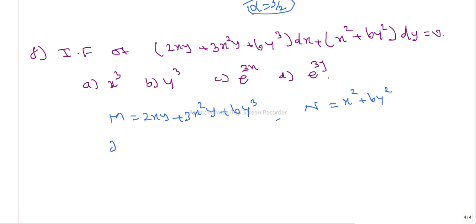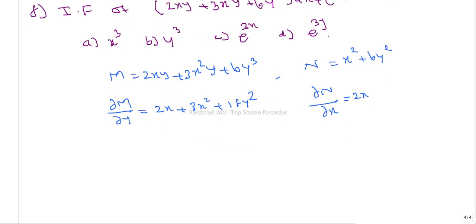Now ∂M/∂y is 2x + 3x² + 18y². Now what is ∂N/∂x? It is 2x. Now what is the subtraction?